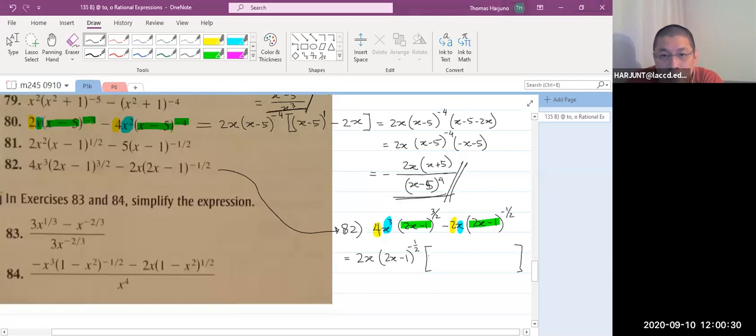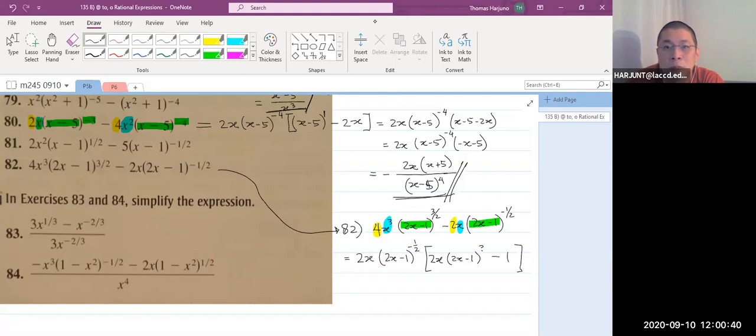So yes, this will be 2x here, but what happened to the exponent here? I believe after this it is minus 1. Would the new exponent be 2? Yes, that's right. It's actually 2 here, not 1.